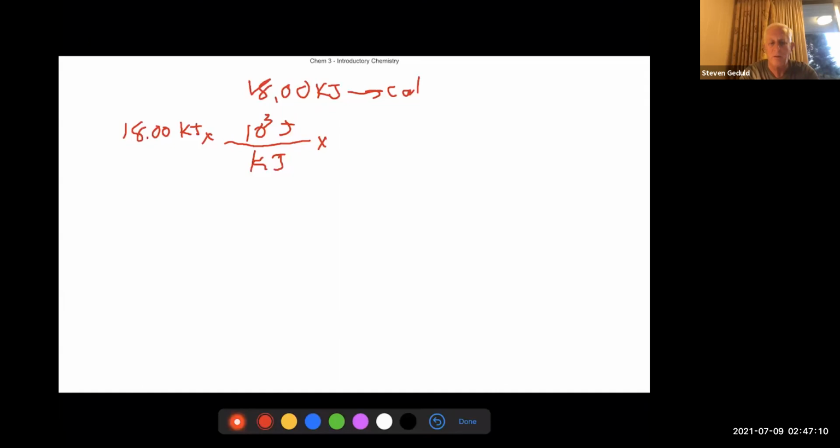Let's go to the chart up here. I want joules to calories, right? I want to go to calories. And try to find the numbers here.